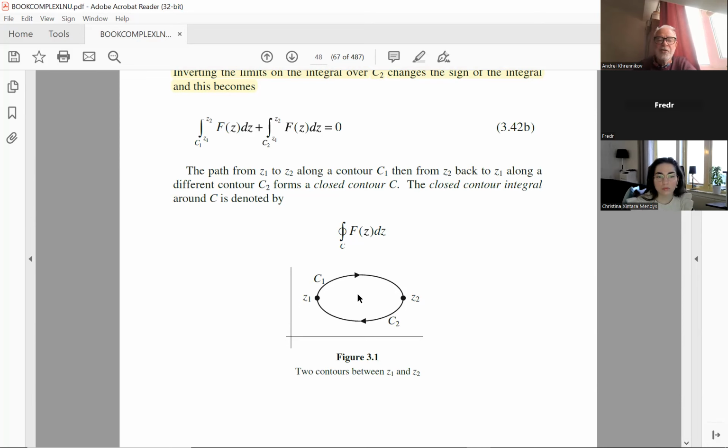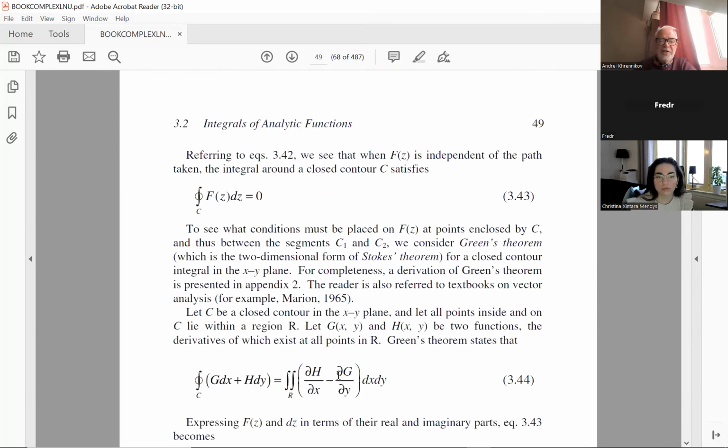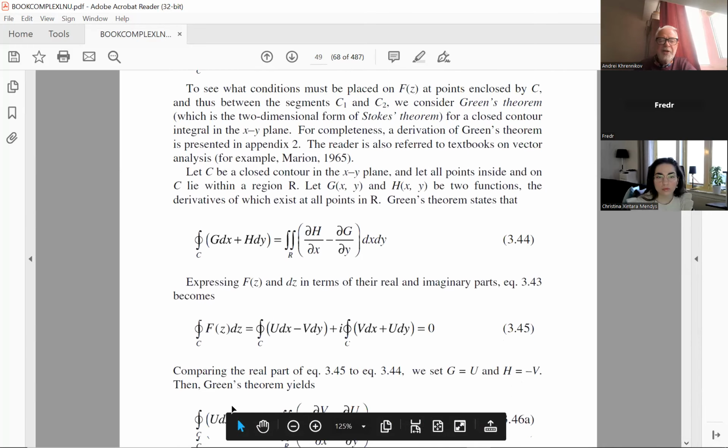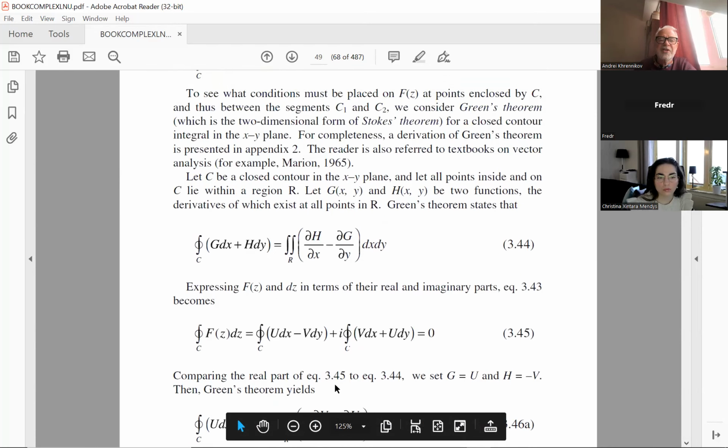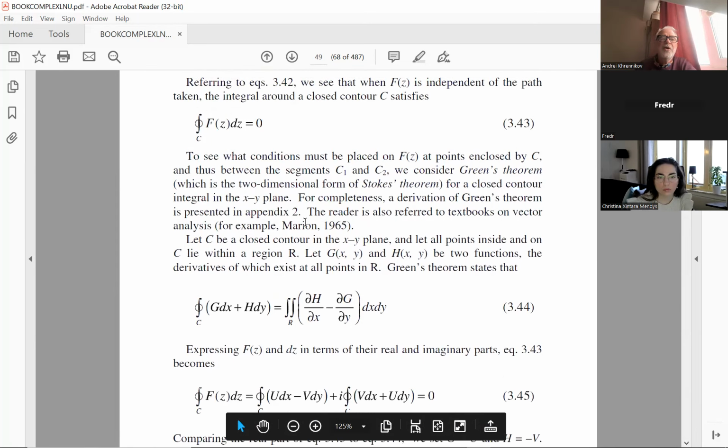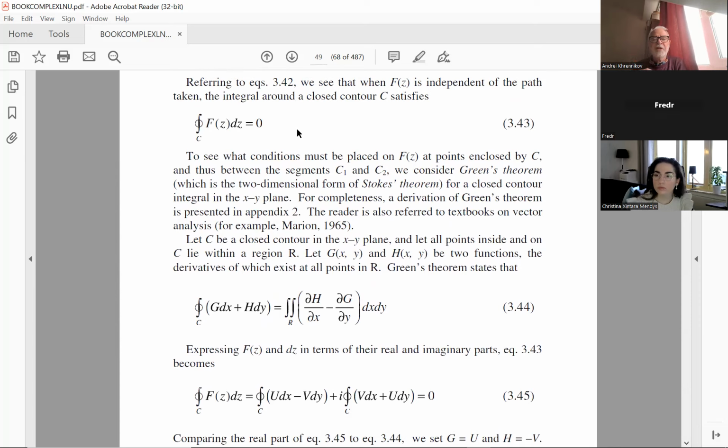It would not work. So the function should be analytic everywhere inside. Then we get the application of the Green formula, and by using the Cauchy-Riemann equalities, we get that this integral is really 0. So this is the first part of this theorem, however it is called.